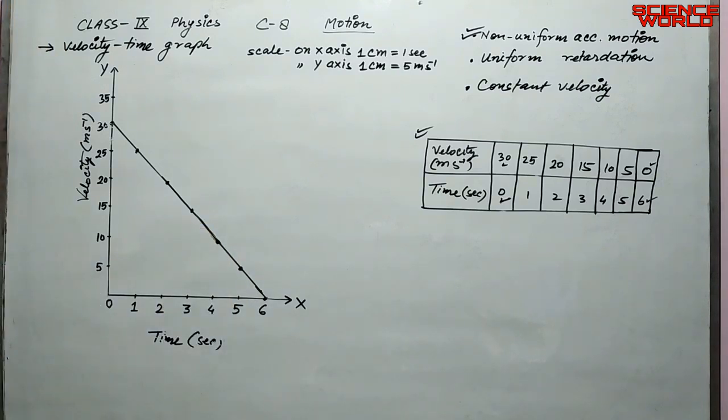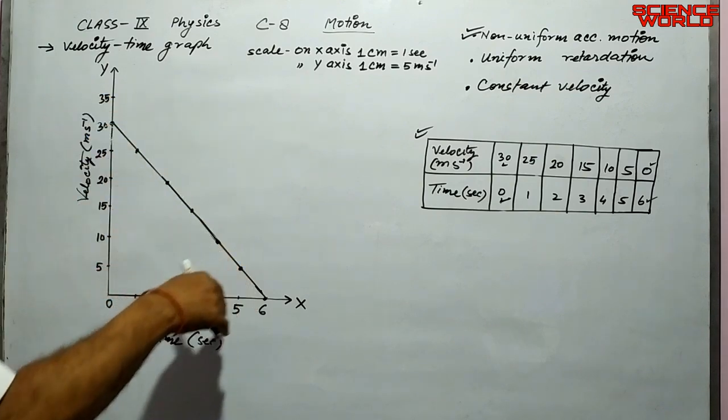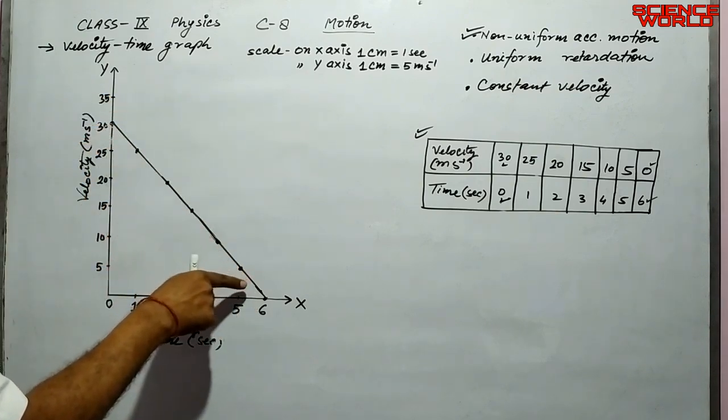So you can see this is a velocity time graph for uniform retardation. The VT graph is sloping down and it is a straight line.